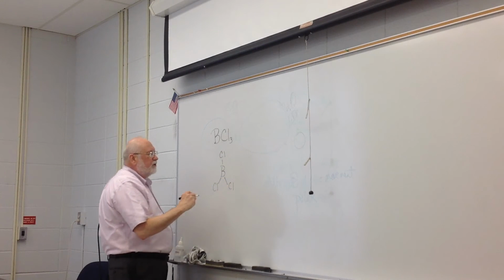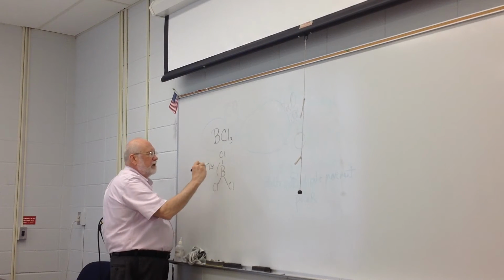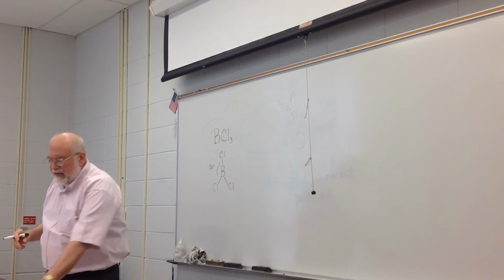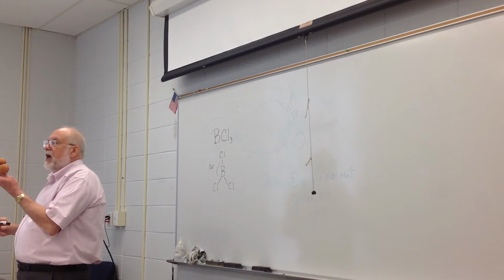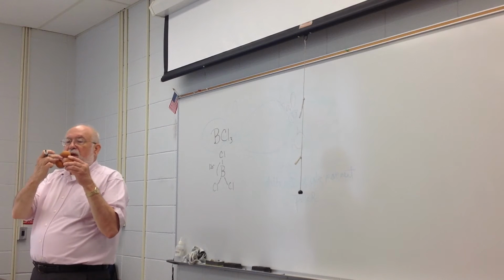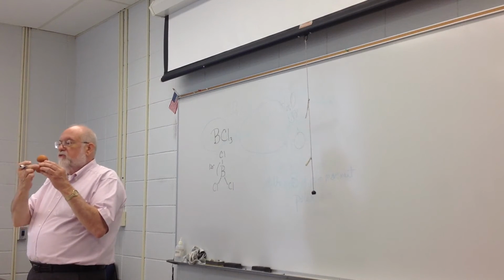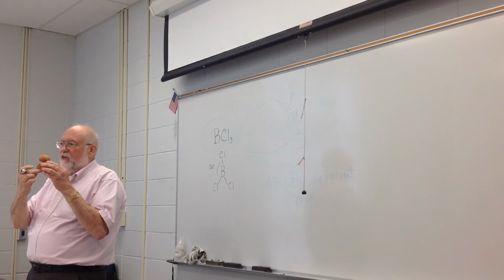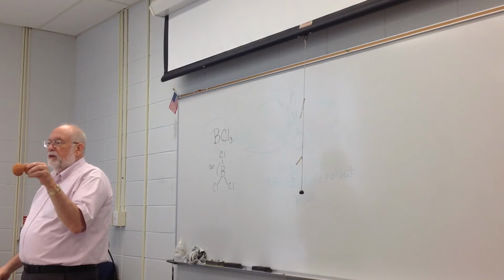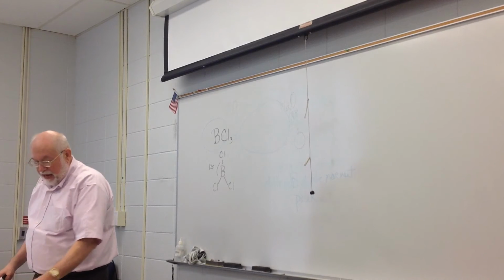The angle between these is about 120 degrees, because they're all evenly spaced out, just like this model, where the boron is the pink ball in the center and the 3 chlorines are around it, forming this trigonal or triangular shape, and planar because all the atoms' nuclei are lying in the same plane.